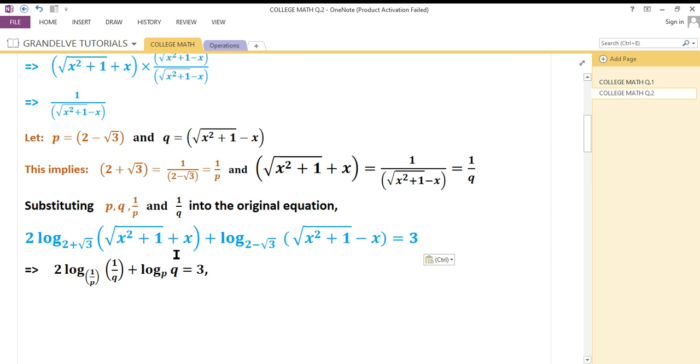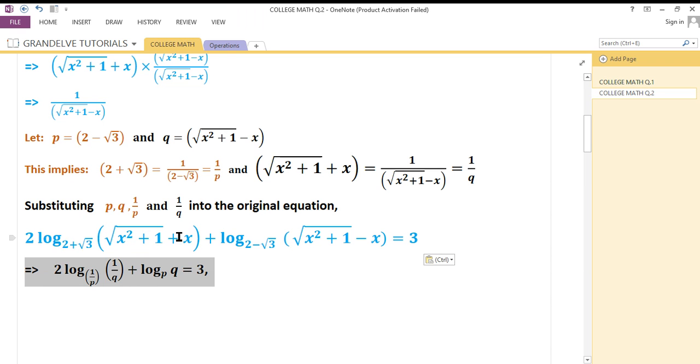Plus log 2 minus square root of 3, which is p, and the square root of x squared plus 1 minus x, which should be q, as you can see here. And everything is equal to 3.